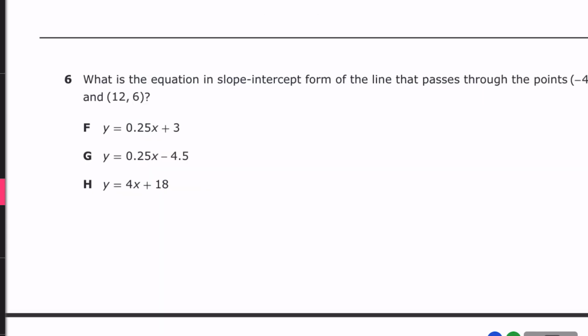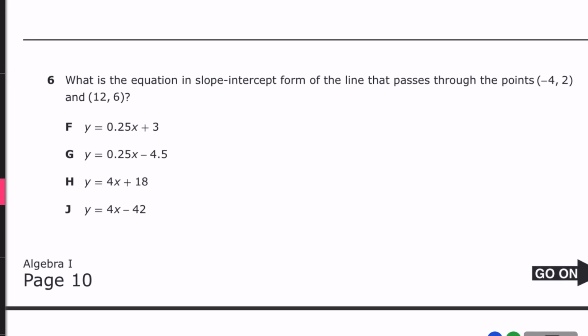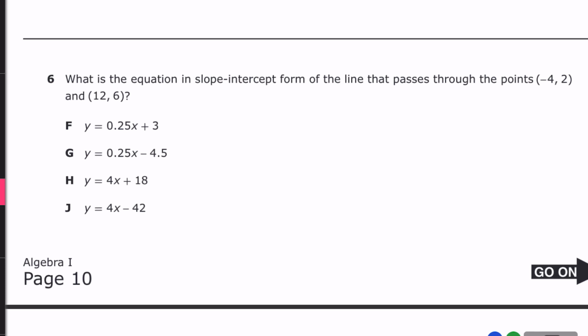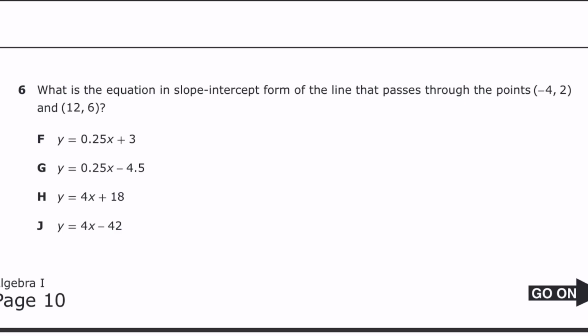What is the equation in slope intercept form of the line that passes through the points minus 4, 2 and 12, 6? So what is the slope intercept form which we have?